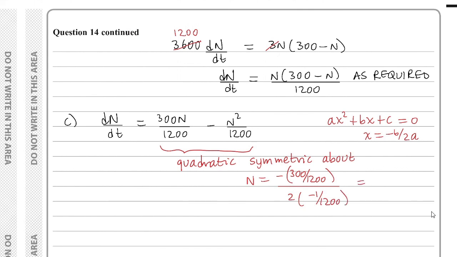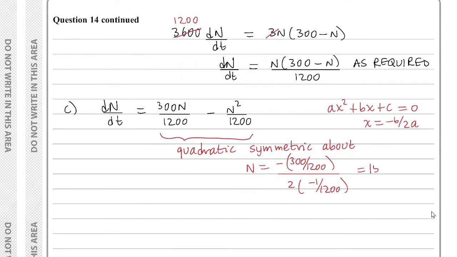So if we just do this calculation, we get an answer of 150. So when capital N is 150, the rate of growth is a maximum.